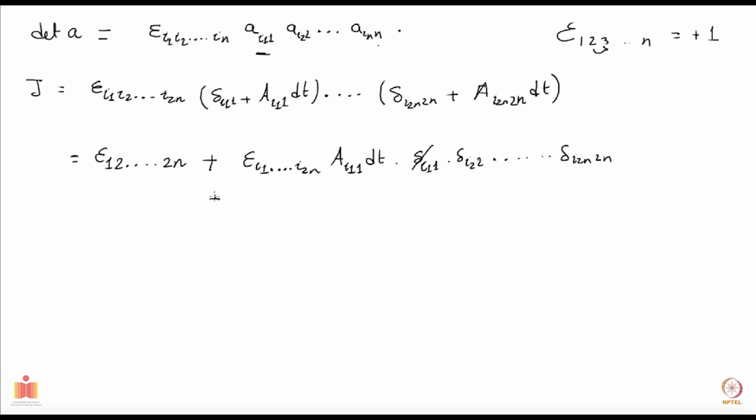Let me write down plus epsilon i1 up to i_{2n}, and then you will have a_{i2n 2n} dt, and all these deltas.